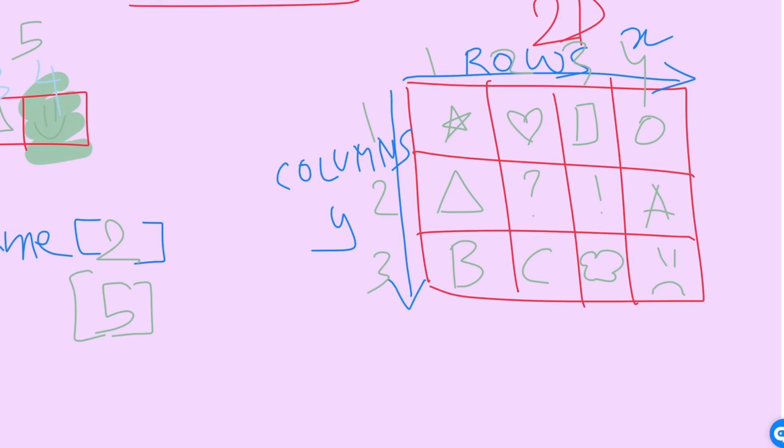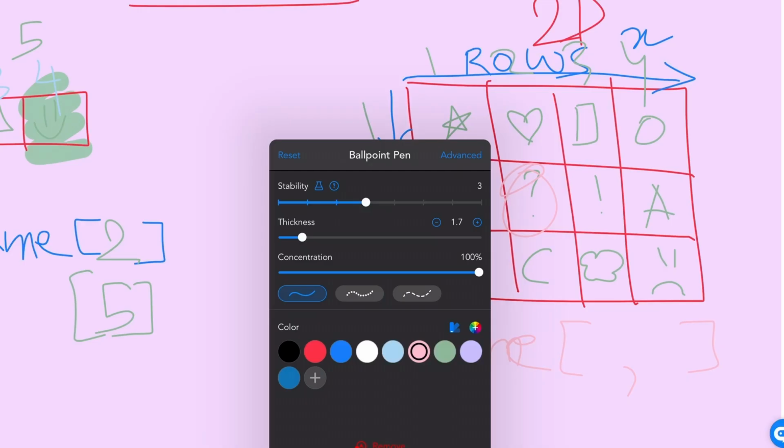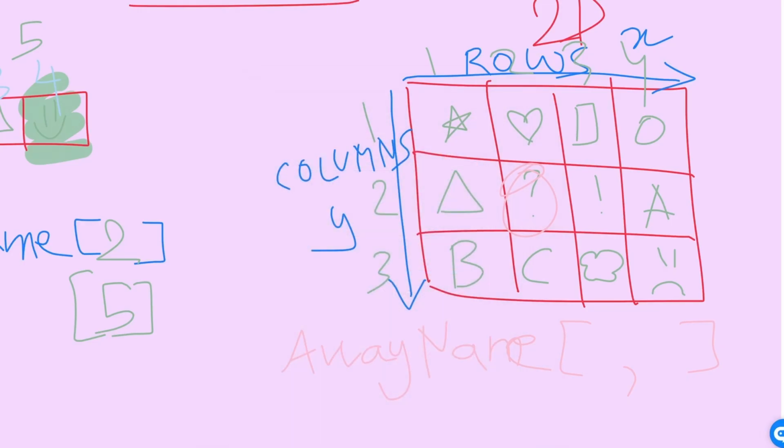Let's say I want to call the question mark. I'll first write the array name, which is array_name for now. And I'll give square brackets, and there are 2 spaces we need to fill out: X, comma, Y. Just like in mathematics, you'll use the same concept in computer science.